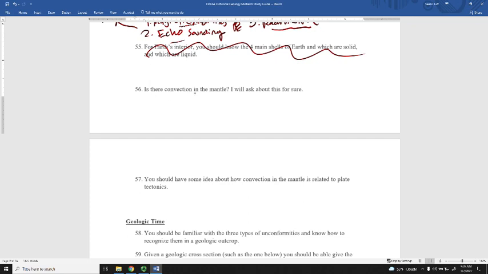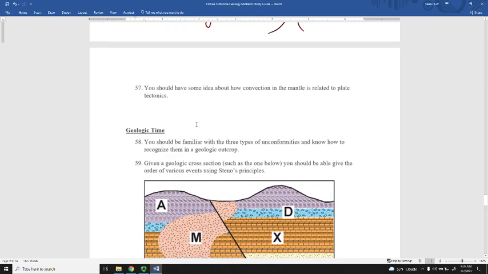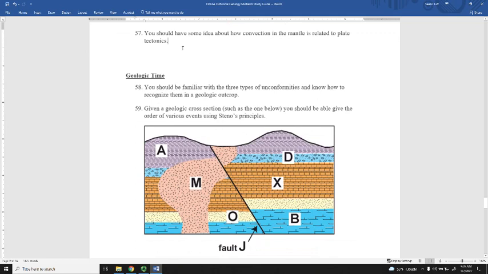Now also, is there convection in the mantle? Hopefully you know by this that the answer is yes. The mantle is convecting, and that's what creates the plate tectonics. So that's a very, very important point. We definitely want to make sure that you understand that.